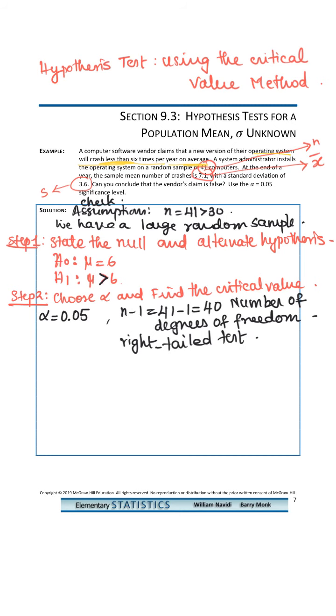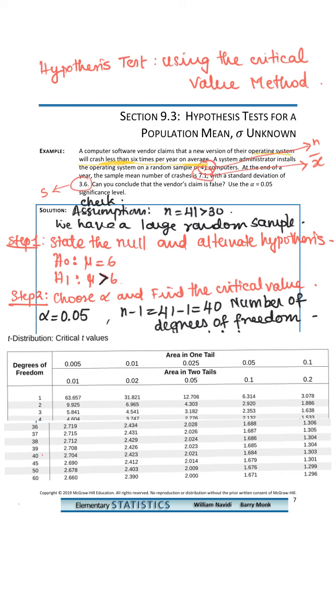So the critical value is the t value with the area 0.05 above it in the right tail. So 40 degrees of freedom, alpha 0.05. So t alpha is 1.684. Therefore, the critical value is t alpha 1.684.